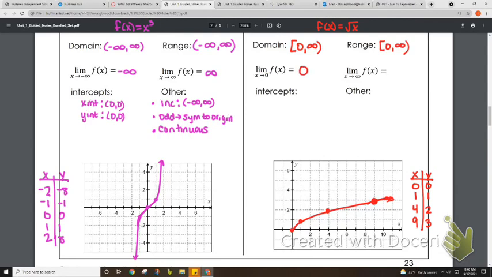So on the right side here, we said we're going to keep going up, we're just going up at a slower rate. So it is going to keep going up to positive infinity. Our x-intercepts, well, again, we have x and y-intercepts at 0, 0. And then some other stuff.